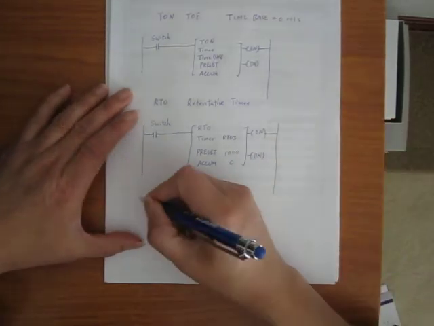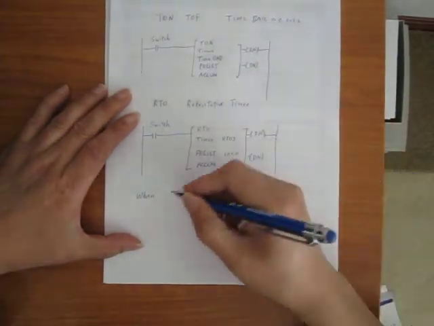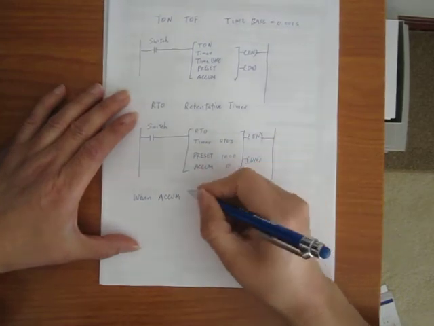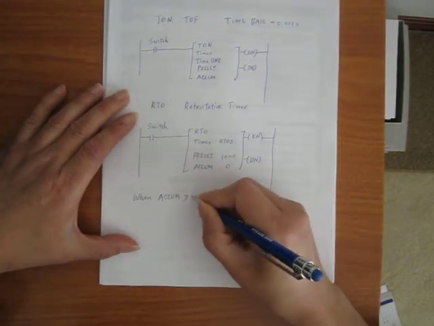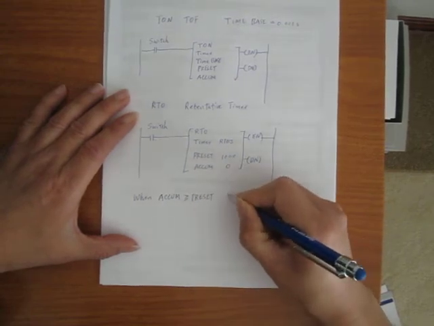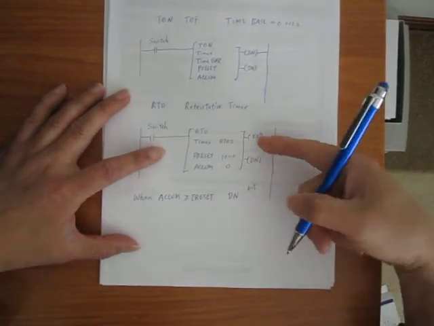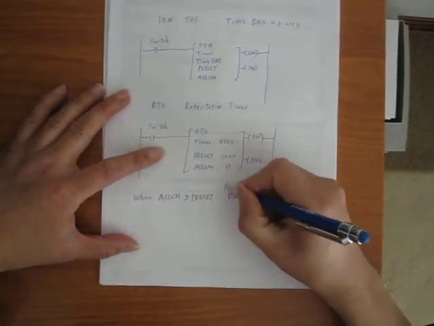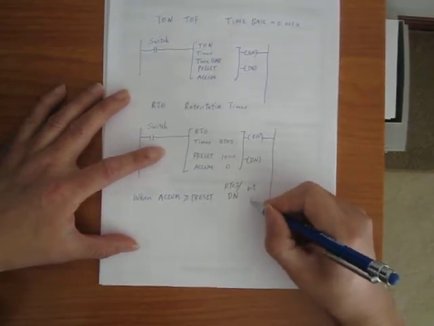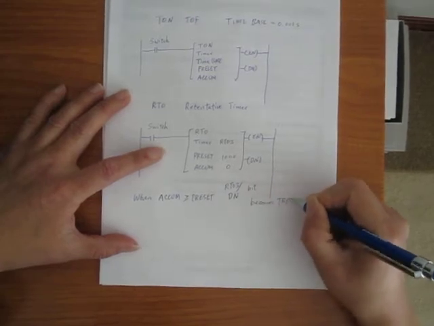Just like TON and TOF, when the accum reaches the preset, then this DN bit, the address of this RTO3 DN, will become true. It becomes 1.